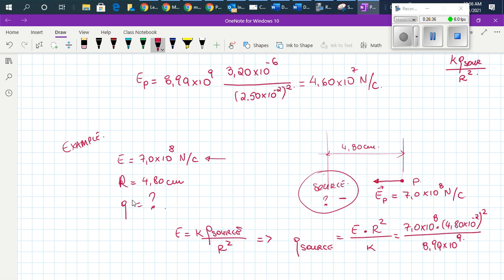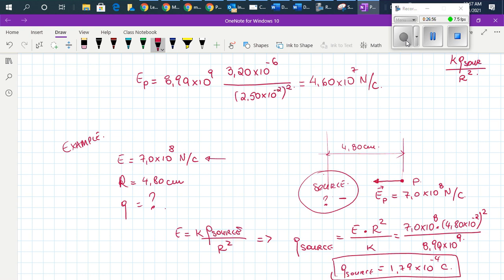Enter this in your calculator and you should have a value of 1.79 times 10 to the power of negative 4 coulombs.